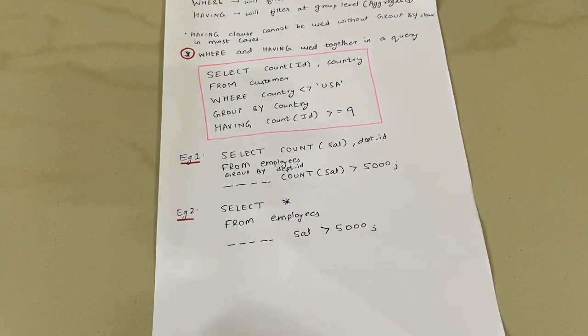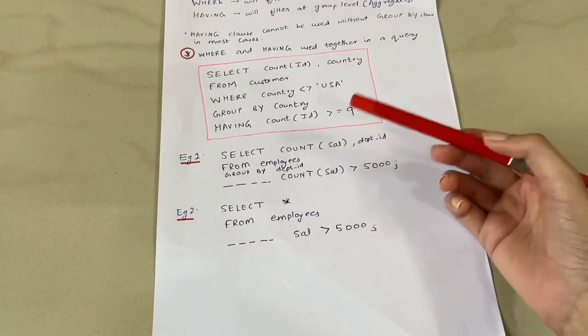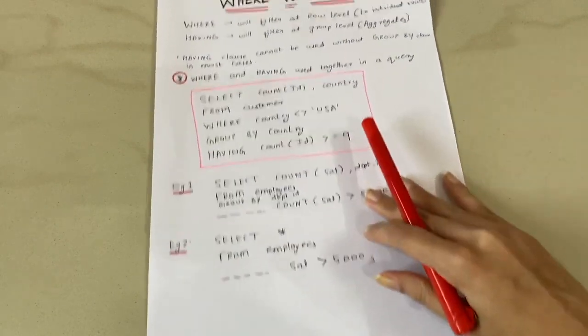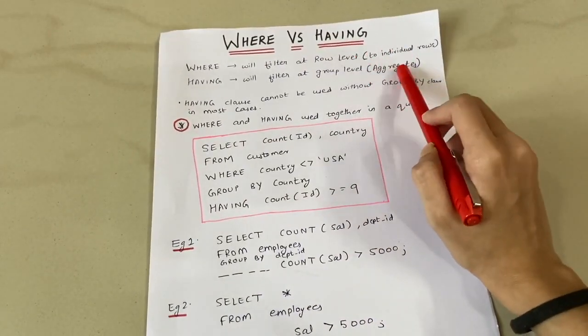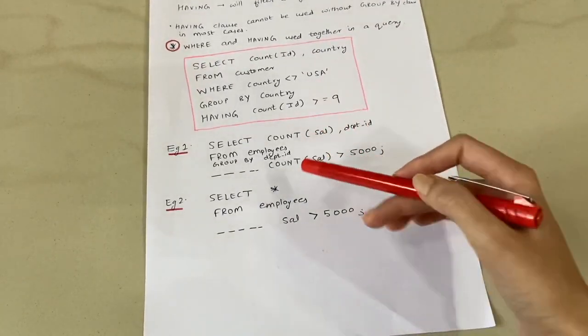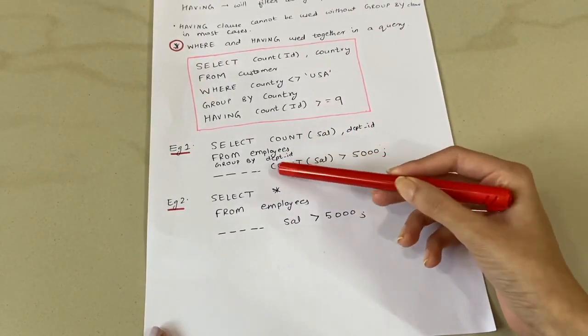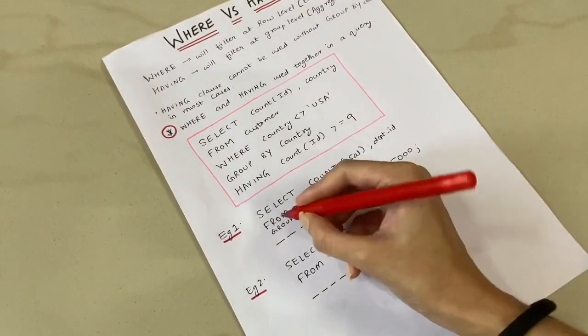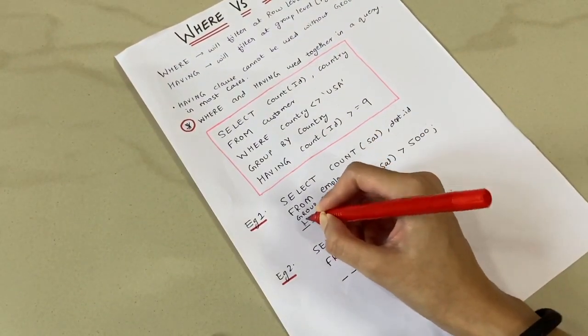I hope you all know what aggregate functions are: count, sum, min, max, all those are aggregate functions. So whenever an aggregate function is involved, whenever grouping is involved, and we are filtering based on an aggregate function, then we use HAVING. So here what will come? HAVING.